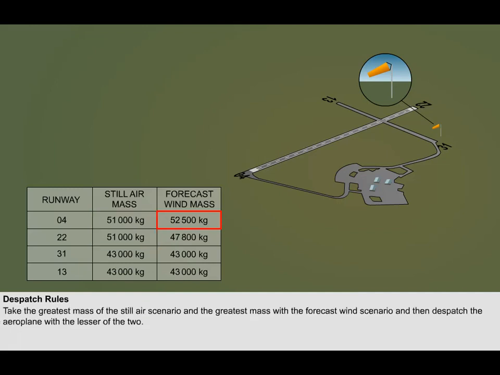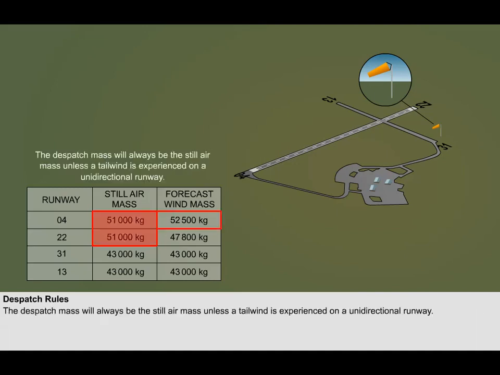The way to simplify the dispatch rule is always consider the greatest mass in still air and the greatest mass in the forecast wind conditions. And of the two, take the lesser mass as the dispatch mass. Of the two, it is the still air mass that is usually the lesser mass, as shown in our example.